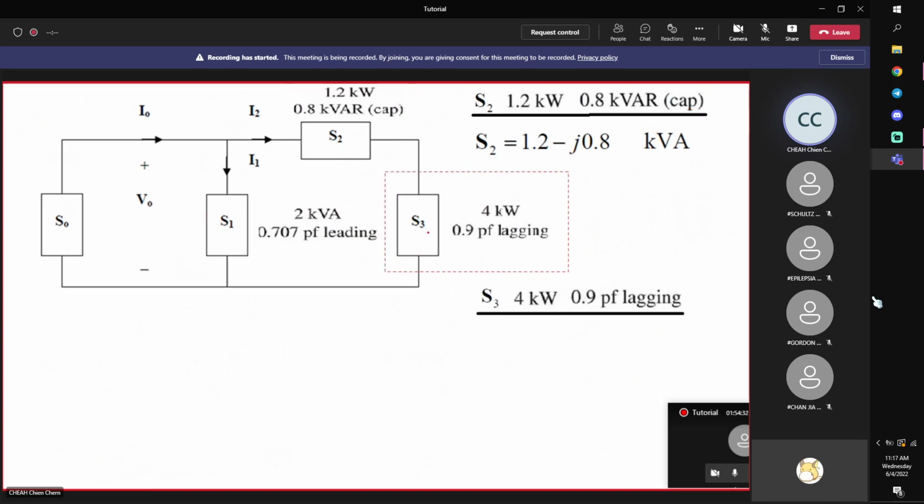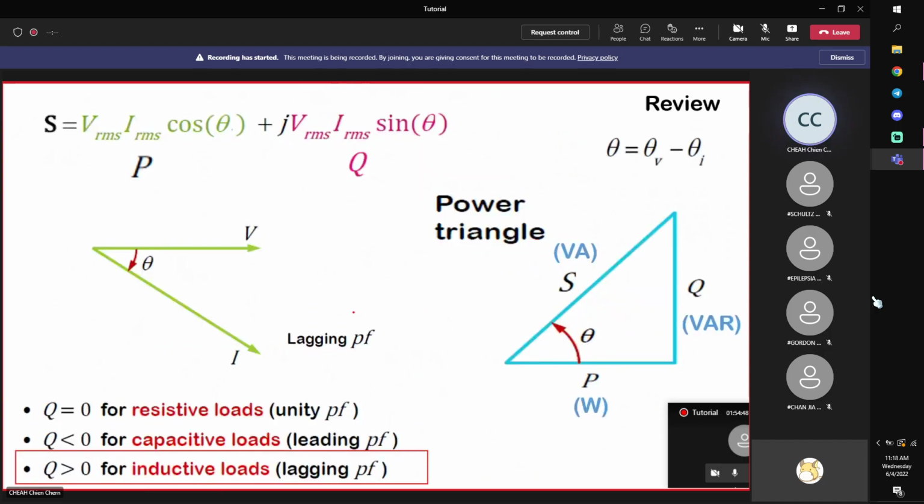Let's move on to S3. Now, S3, look at the problem. You're given the real part of the complex power. You're also given the angle, which is 0.9 power factor lagging. Let's look at the power factor triangle.